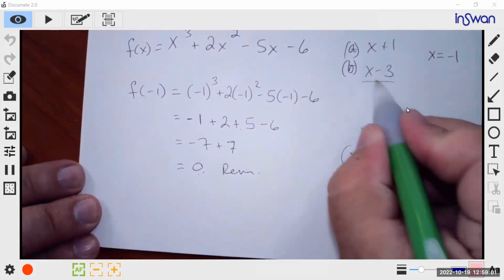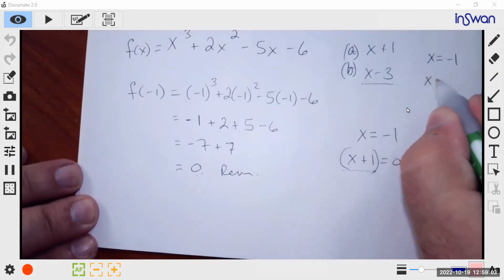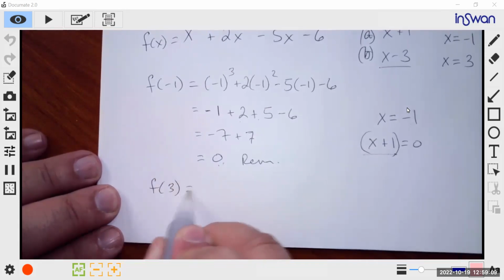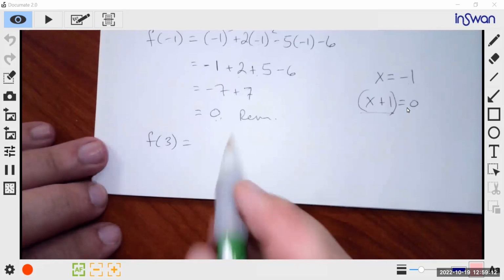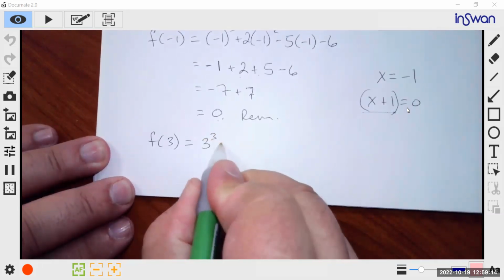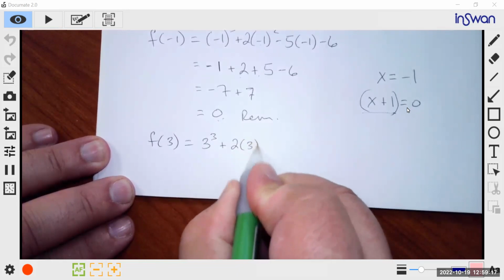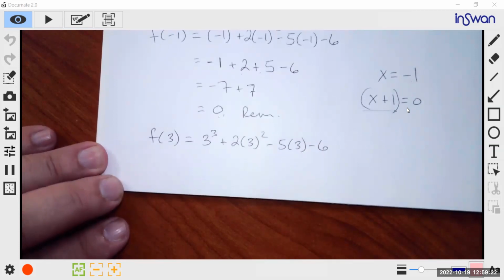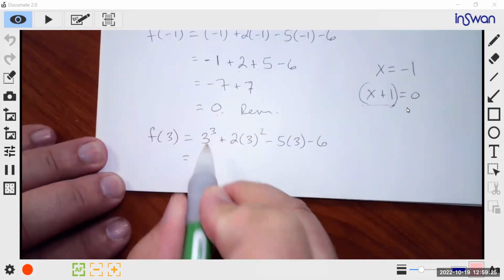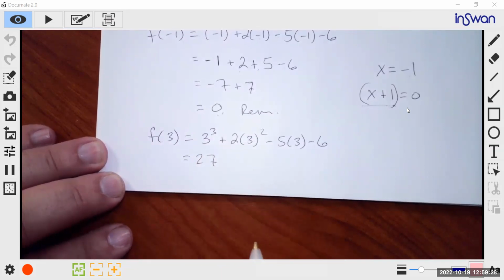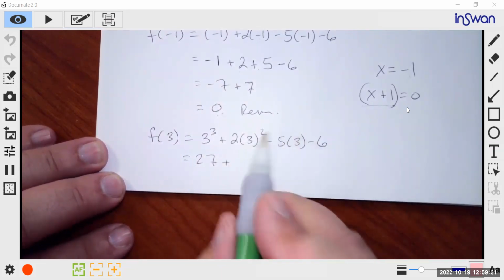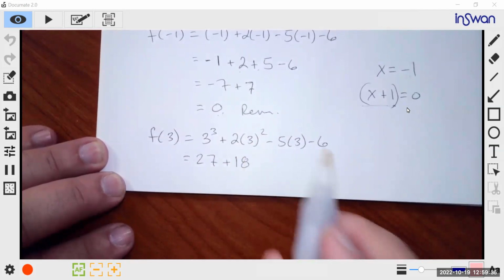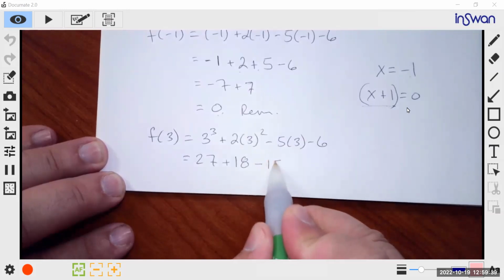Let's do this one. So if we have x minus 3, what does x equal? 3. So if we plugged in 3 inside there, we got 3 cubed plus 2 times 3 squared, 5 times 3 minus 6. 3 times 3 times 3 is 27. 3 squared is 9. 9 times 2 is 18. 5 times 3 is 15.